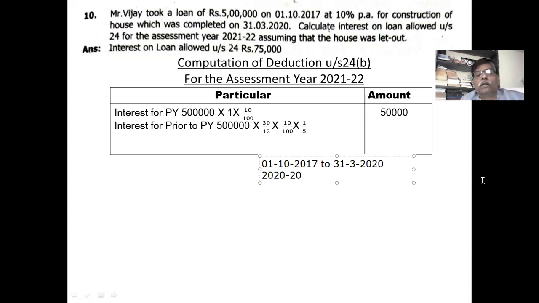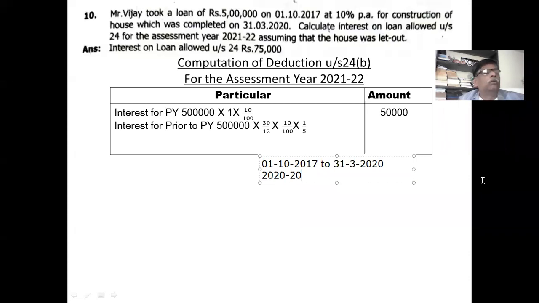So 1/10/2017 is the date of loan. 31st March 2020 is the prior to previous year period. In this period, how many months are there? You have to count. October 2017 to 31st March 2020: 2 years, 24 months.